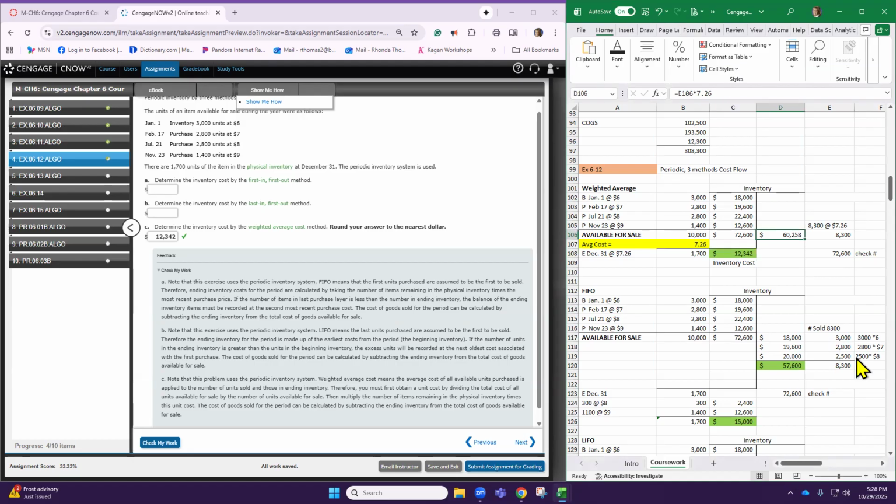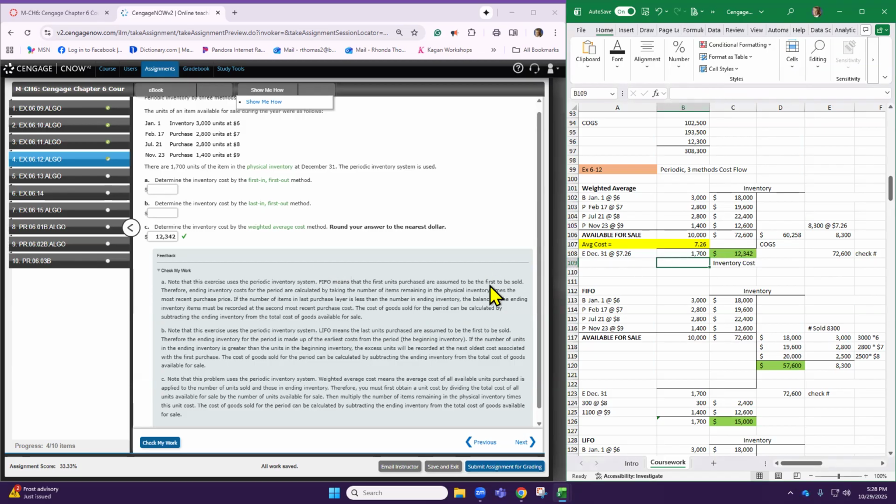We also need to know how much cost of goods sold is. They didn't ask us for cost of goods sold. This would be cost of goods sold if they asked. But they want inventory cost based on weighted average.